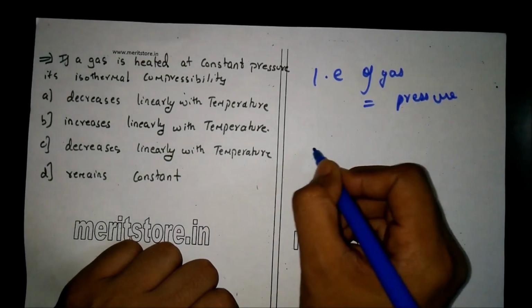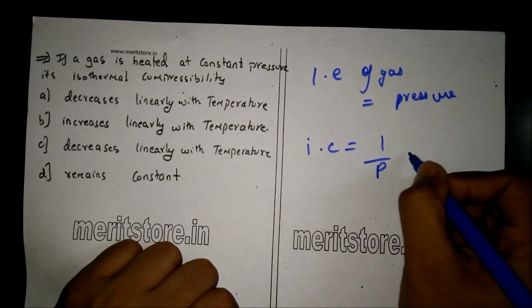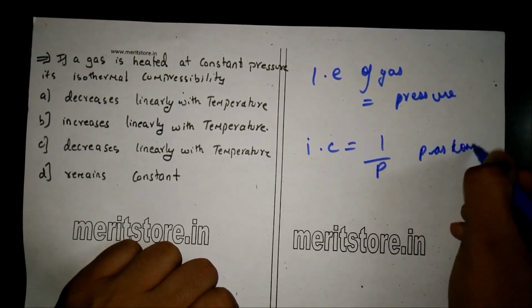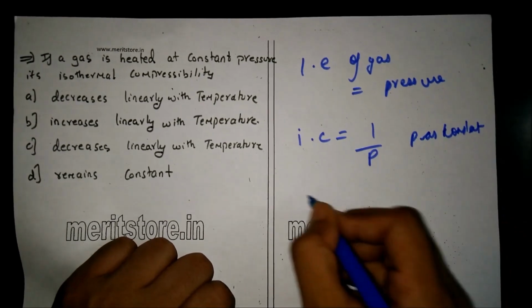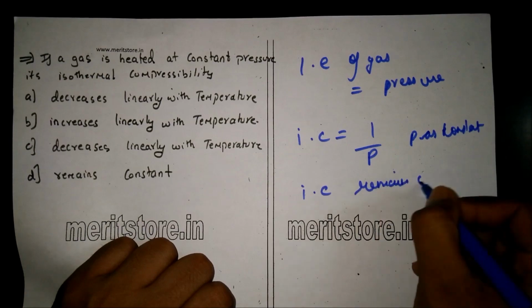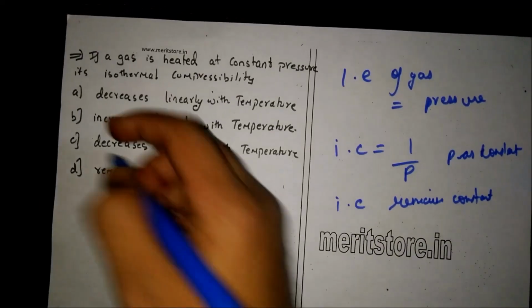Therefore, isothermal compressibility will be equal to 1 upon P, but P is kept constant. Therefore, isothermal compressibility will also remain constant. Therefore, here the correct answer is option D, remains constant.